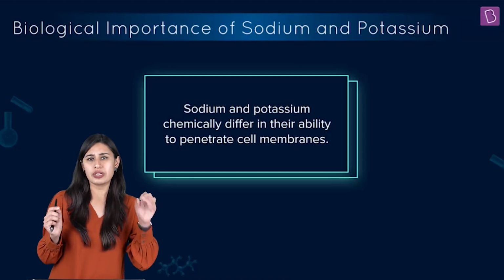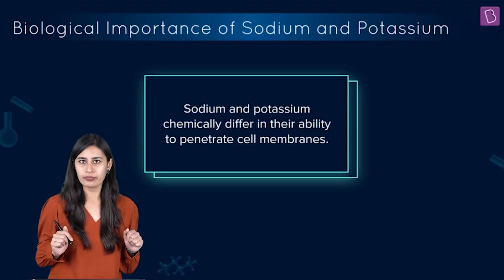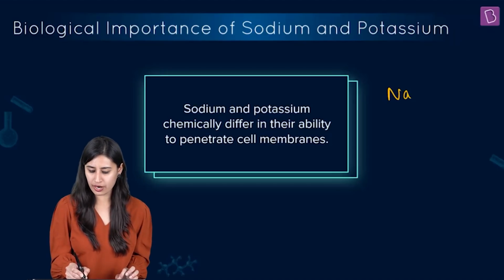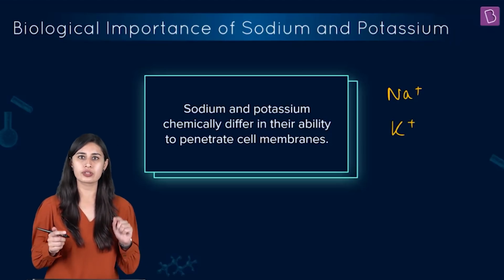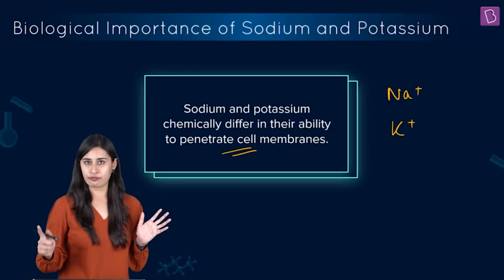So what is being talked about is that their penetration is different. Though both have the same kind of charges, the same kind of configuration, and both belong to the same group, their penetration is different, right?